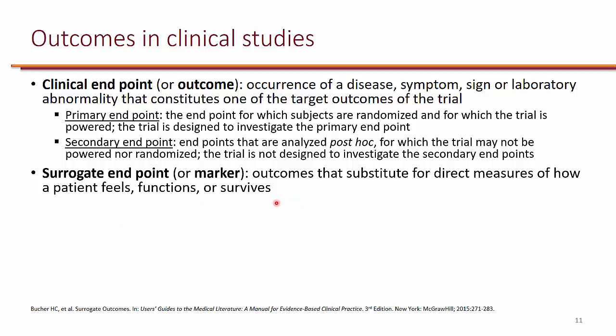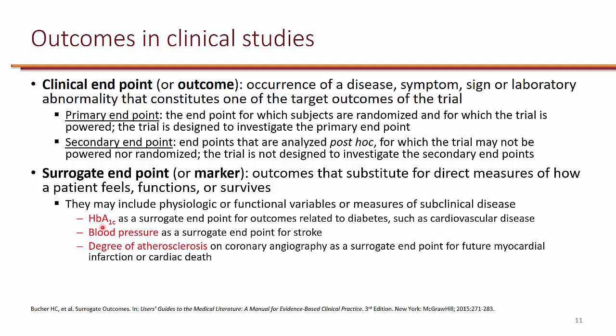But if we use blood pressure as a substitute for a stroke, and we say that this drug will lower your blood pressure, which in turn can decrease your chances of having a stroke, then that becomes meaningful to the patient. So things like blood pressure, or when it comes to diabetes, there's a marker we measure called A1C, which gives you an idea of how the blood sugar levels are.